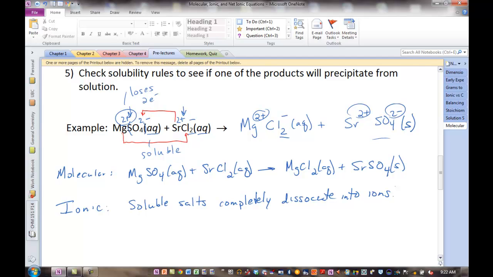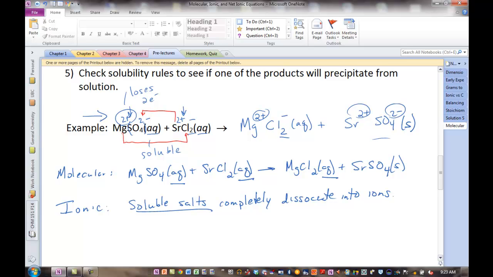They're actually going to be ripped apart. The water molecules are going to surround each ion and break that salt apart, break that ionic bond. So anything that has an AQ after it, those are soluble salts, and we're going to break them apart into their component ions. So that's why it's also helpful that you've assigned the charge, because we're going to break them apart into those component ions.